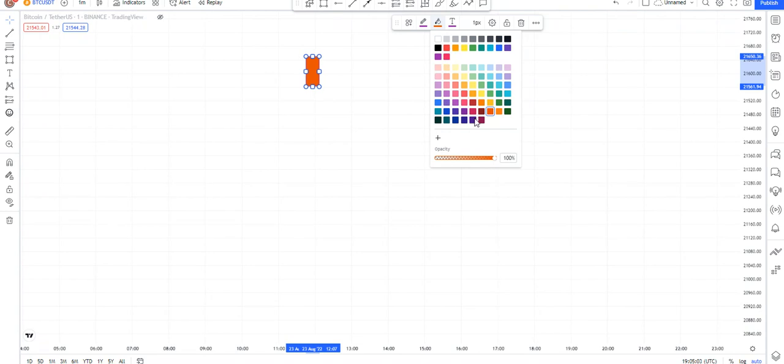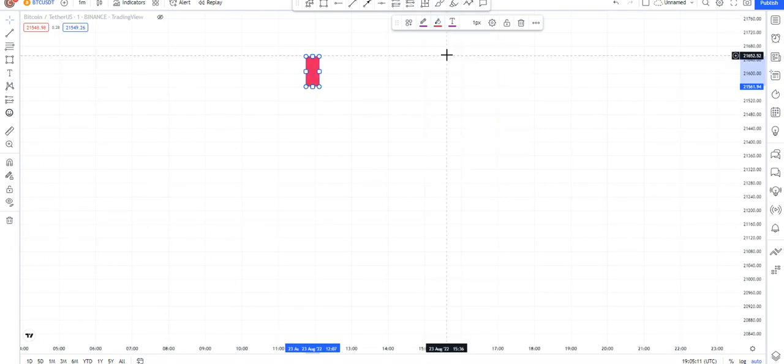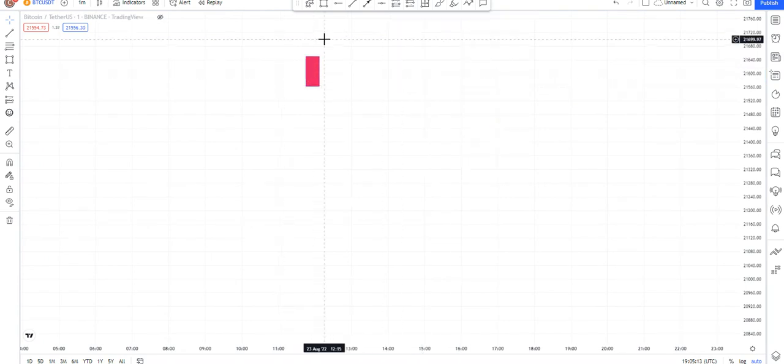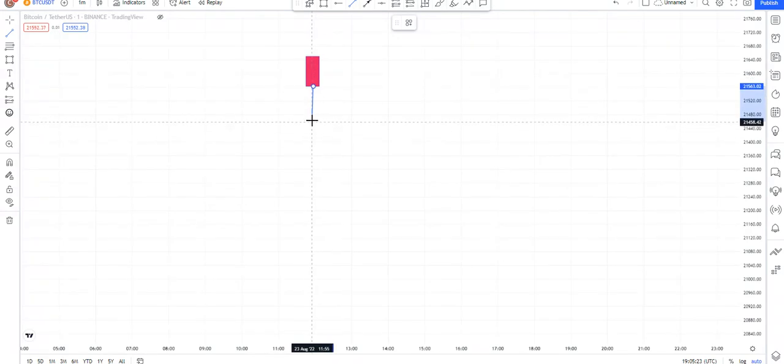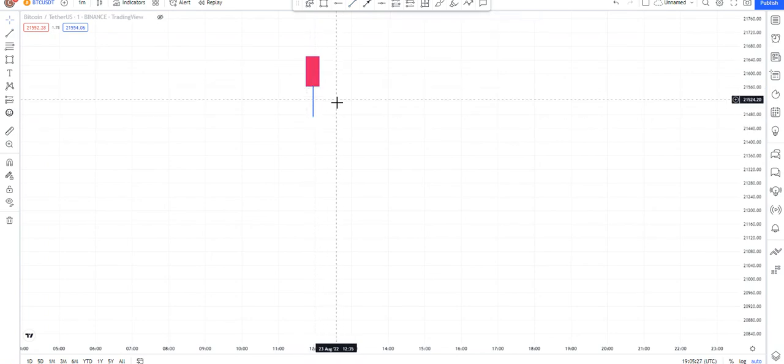There is no red here, I'll find red. Let me just improvise with this. So let's say this is a red candle here, and then it has a wick. The wick is the small lines you usually see beside the candle. Let me say it has a wick here, like this.